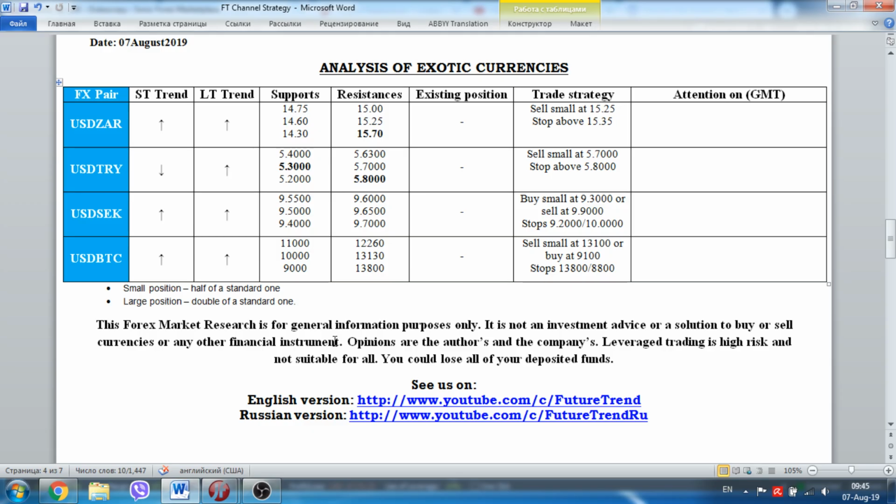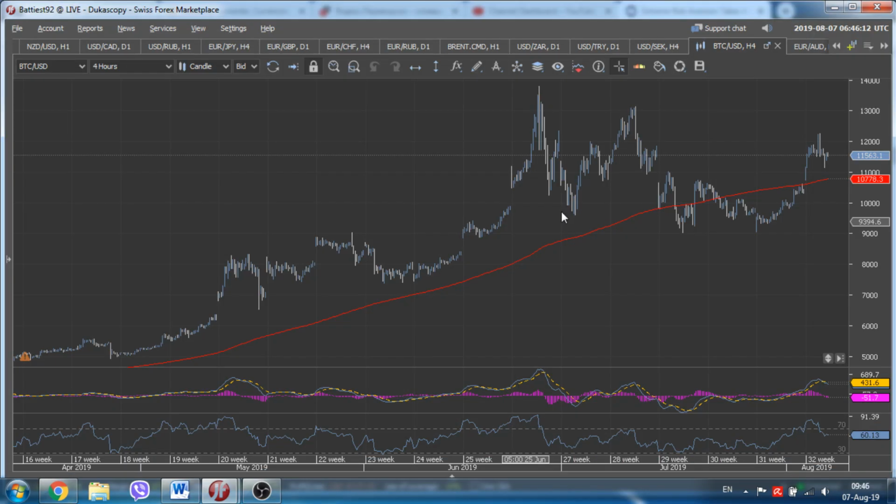Bitcoin, here the situation is really very interesting. We can, by the way, draw a kind of interesting immediate downtrend line at the moment located around 112.